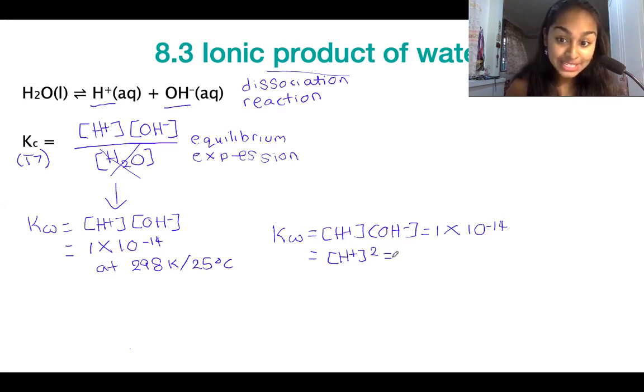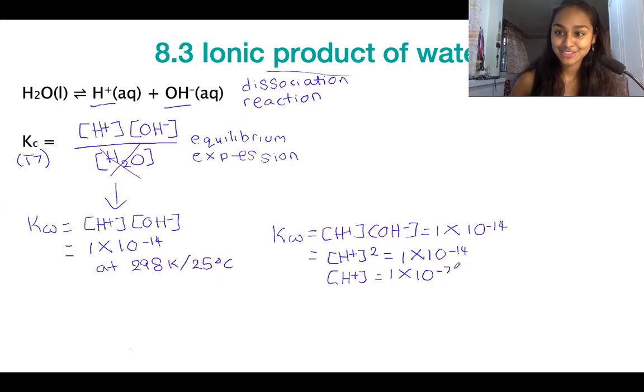And so H+ squared equals 1 times 10 to the minus 14, and based on that we can derive H+, which is 1 times 10 to the minus 7. Okay, good. The reason why I've shown you this is because this is really important. This is how we determine that water has a pH of 7.